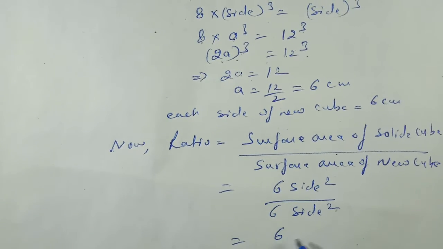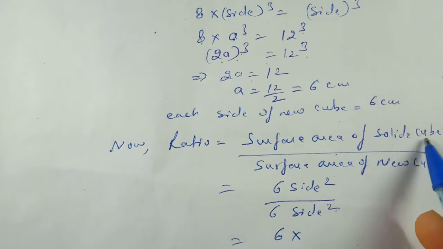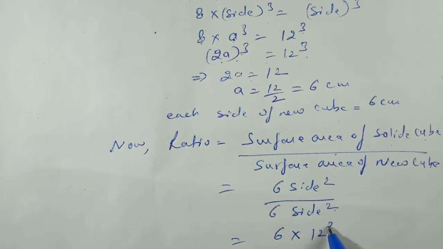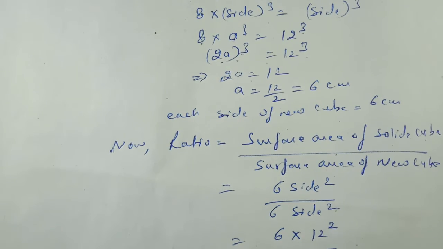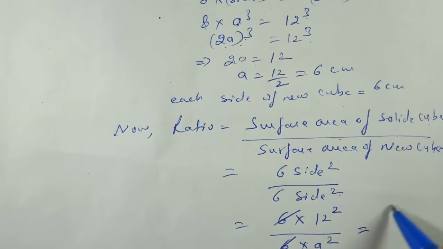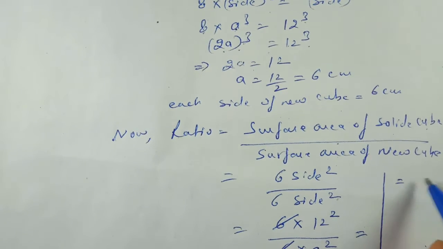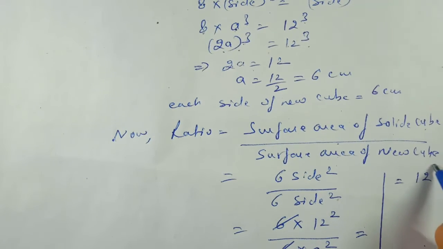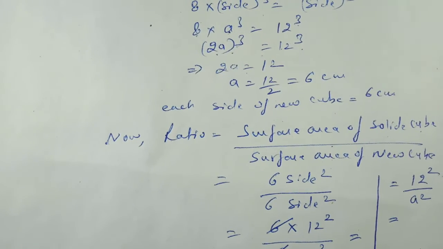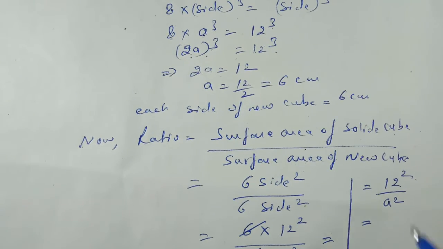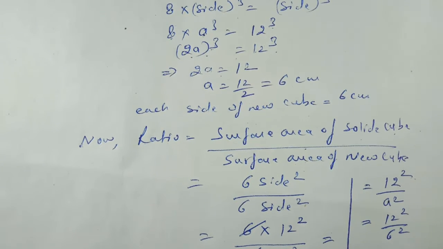So let's first put the values. For the solid cube each side is 12 square. For the new cube each side is A square. So 6 and 6 are cancelled. So it is equal to 12 square upon A square. The value of A we have just found out, it is equal to 6 square.